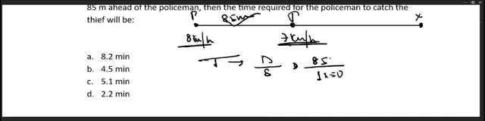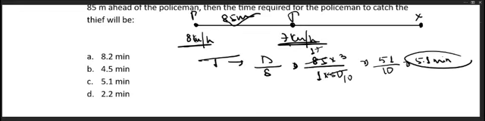So we will first change kilometer per hour into meter per minute, that is 50 by 3. So 85 divided by 50 by 3, which is 17 into 3, 51 by 10, that is 5.1 minutes. 5.1 minutes is the correct answer.